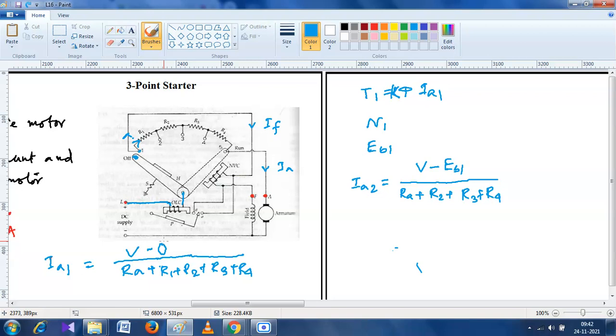At that time, what is the value of current? The value of current Ia2 is equal to V minus Eb1 by Ra plus R2 plus R3 plus R4, because at that point there is a back EMF due to the speed, and the armature path contains R2, R3, R4 and Ra, the resistance, because the lever position is here now.